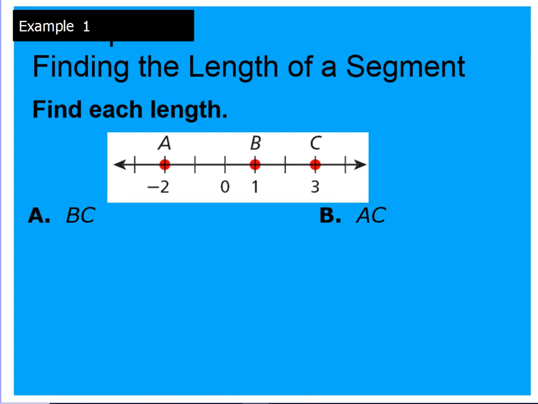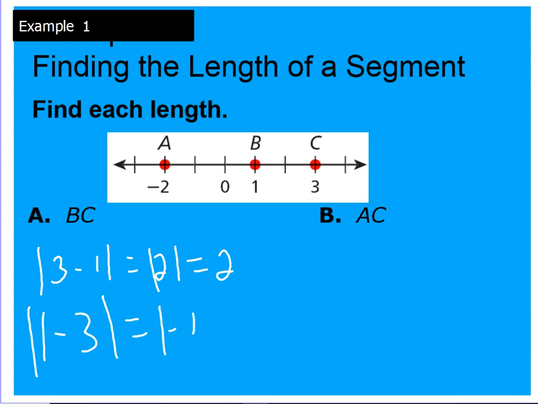Let's take a look at what we mean when we say find the length of a segment. If I want to know the length between B and C, I can say that the length between B and C is the absolute value of 3 minus 1, which equals the absolute value of 2, which of course equals 2. But we can go in reverse order, and I can say it's 1 minus 3, which is negative 2, and that gives us a value of 2 as well. That's what the ruler postulate allows us to do, go in either order.